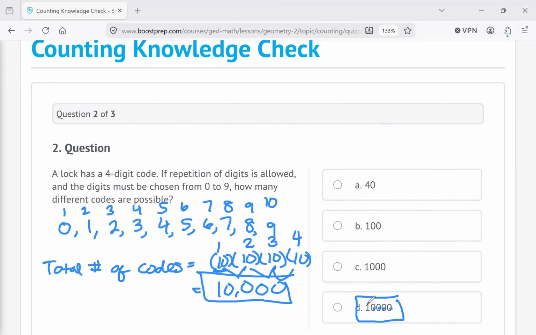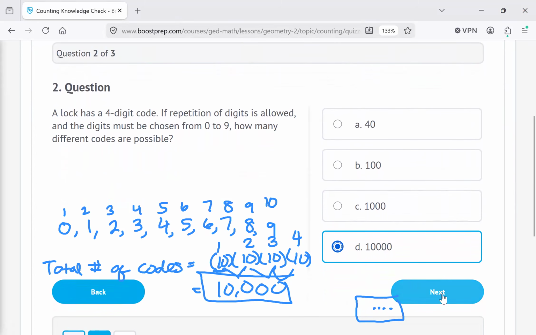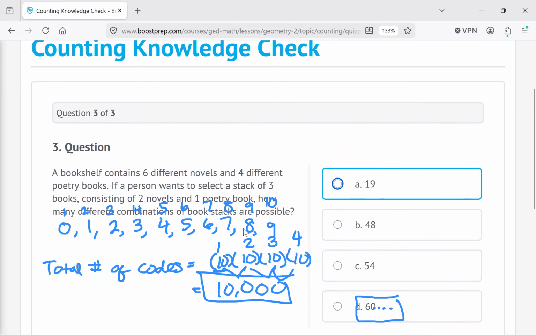Okay, so that's question two. Let's move on to question three.